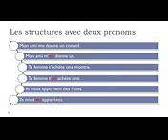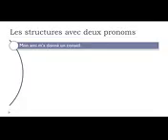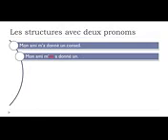Okay, so let's see now with the passé composé. So same sentence. Mon ami m'a donné un conseil. Alright. Mon ami m'en a donné un. So it will be exactly the same thing, especially if you think that a donné, the thing that you see here, it's only one verb.